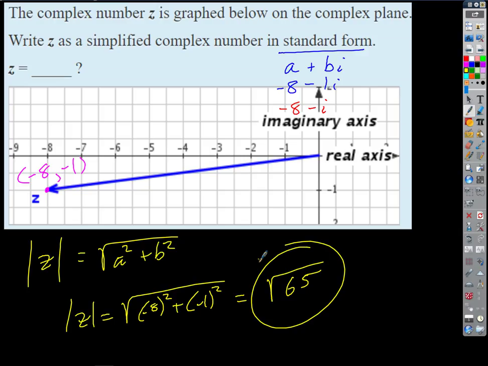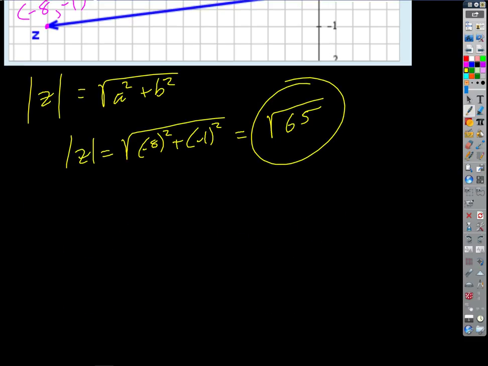That would just be an example, like if z equals 4 minus 6i. Then it would just be simplified. All you would do is simplify the radical. Does that make sense?